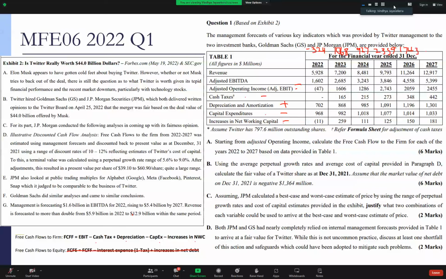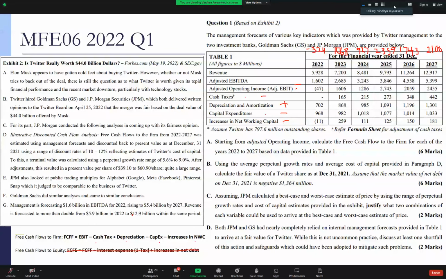Right. Okay. So now I have my free cash flows to the firm.